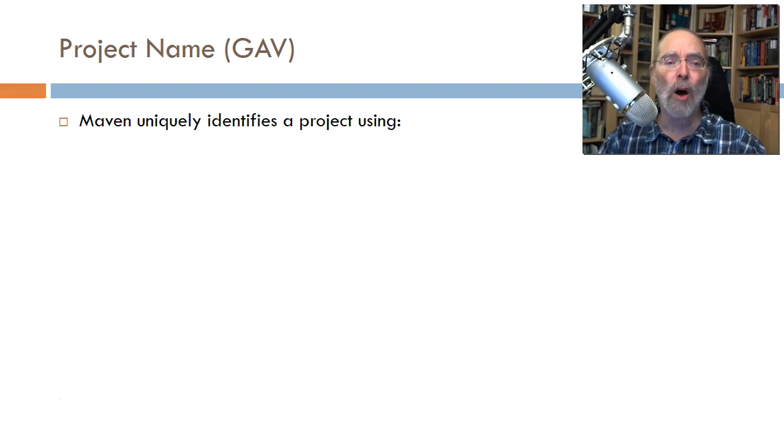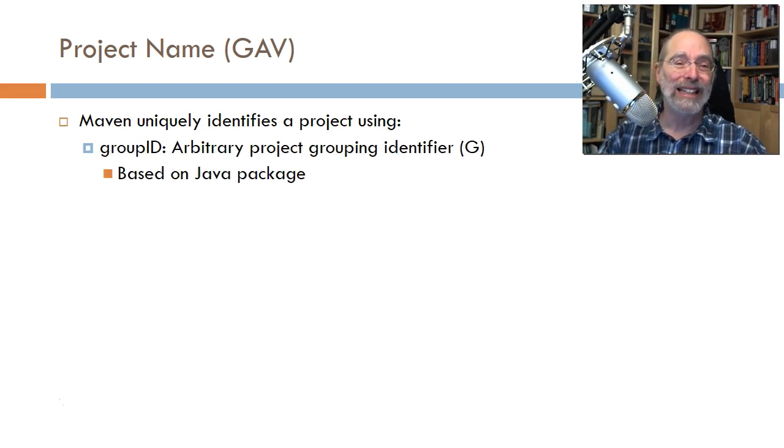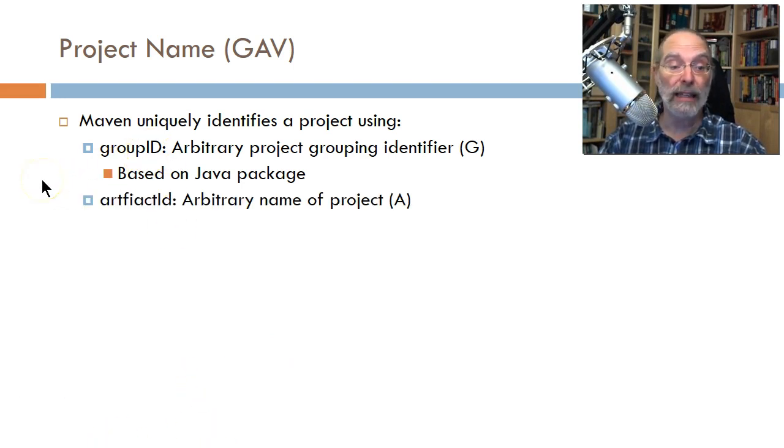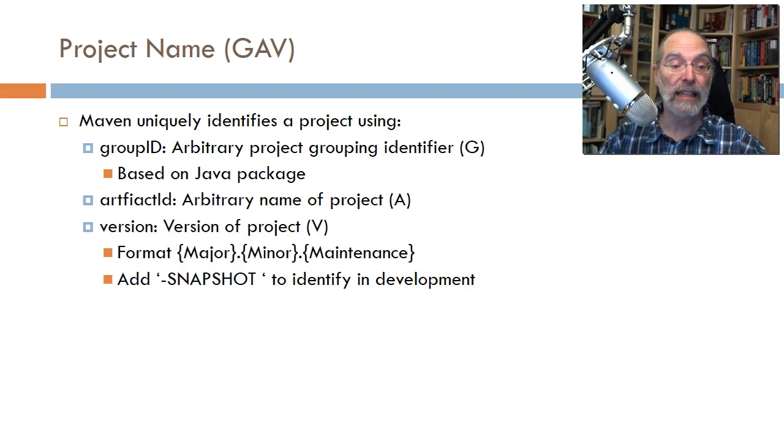So we begin the POM with something called the GAV. And it's called GAV because it consists of, we've seen this already, the group ID, the artifact ID, and the version, hence GAV. And we have a recommendation for naming, but of course you're free to use anything you want.